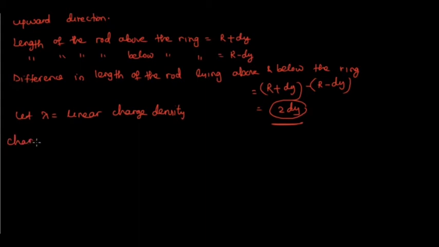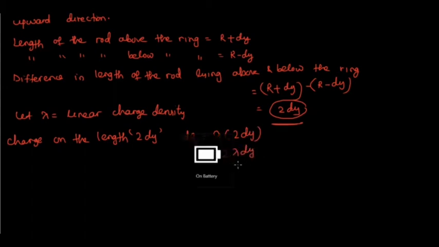So charge on the length 2 dy will be how much? dq is equal to lambda into 2 dy, that is equal to 2 lambda dy. This is the total amount of charge present on this portion of the rod.